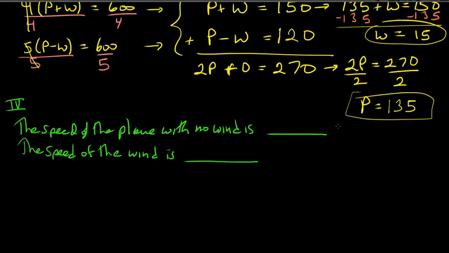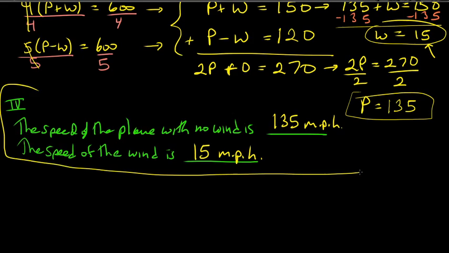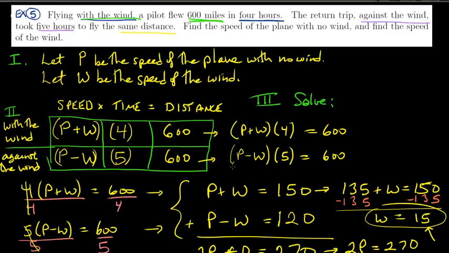Step 1, step 2, step 3, and then step 4, just write down your answer. For the plane, it's 135 miles per hour. And then the speed of the wind is 15 miles per hour. And there we go. That solves the problem. That answers the question.